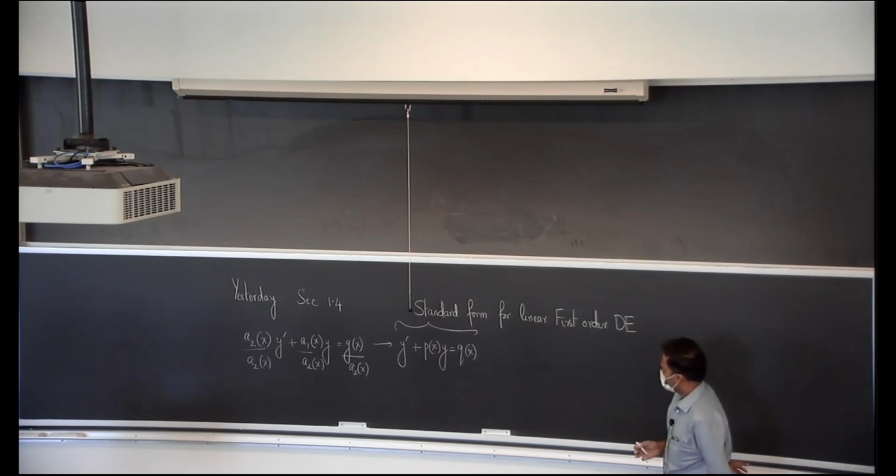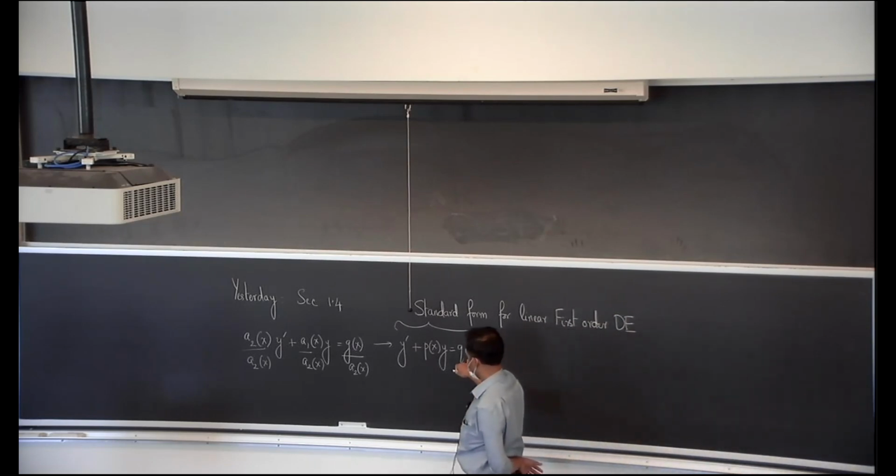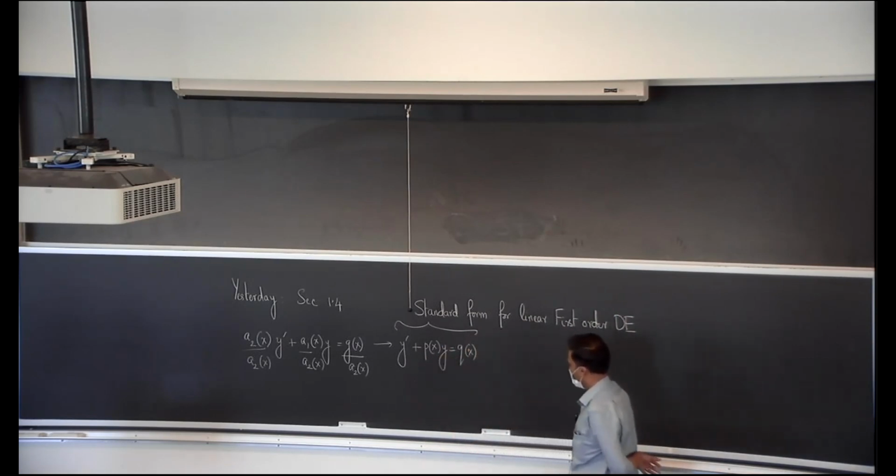Again, to solve this, most likely it is not separable, unless you have some very special case where q of x equals 0 or something. In general, it's not separable.